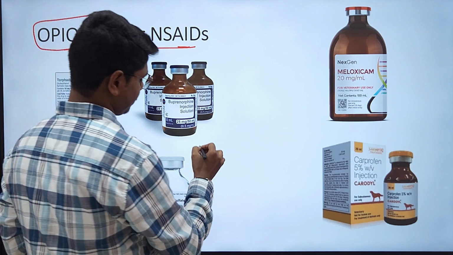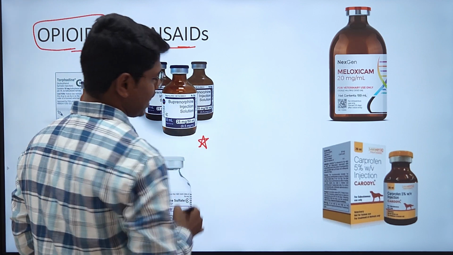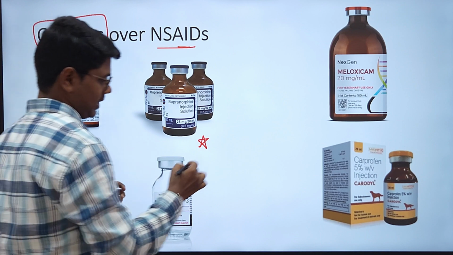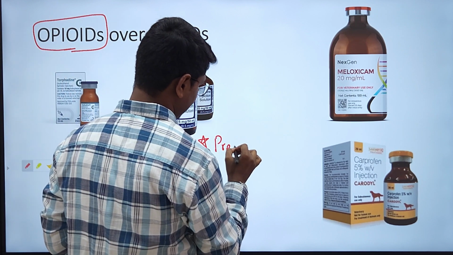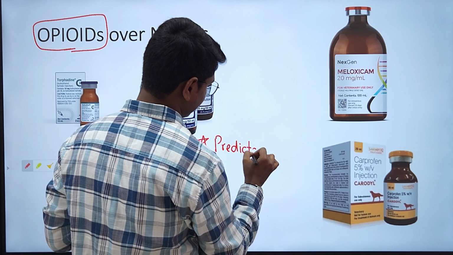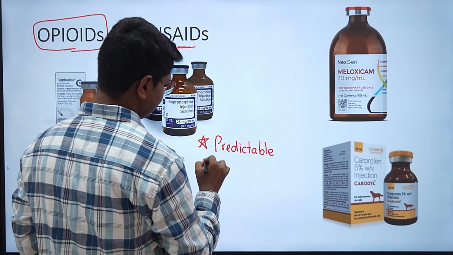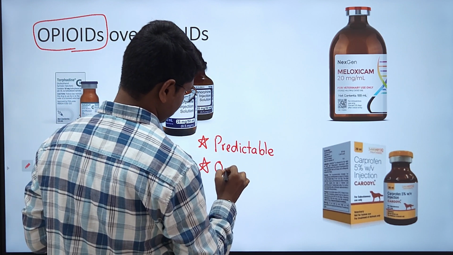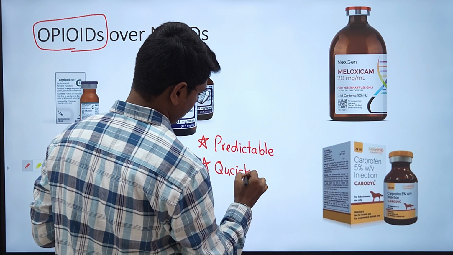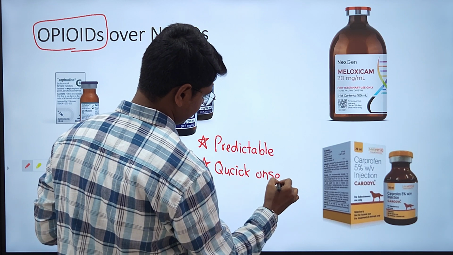Why? First point, opioids are very predictable in action compared to NSAIDs. Second, they have very quick onset of action.